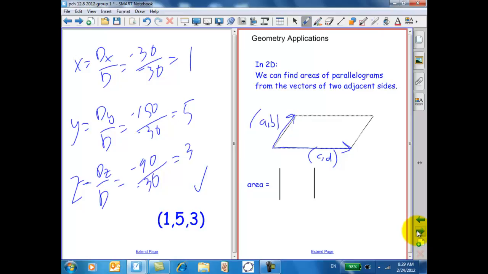Come up with a point up here, right? I can take CD and add on AB, and I'll come up with A plus C, B plus D over there. We get its area by just doing the absolute value of the determinant A, B, C, D. It's that amazing. Okay? Wow.